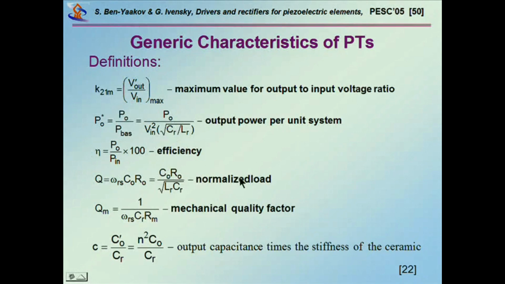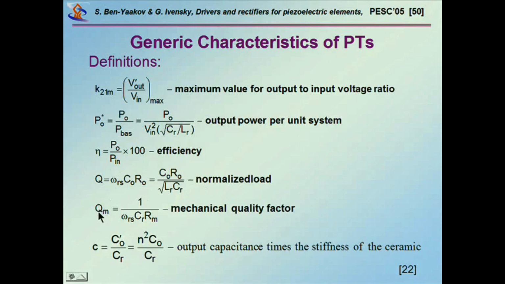And then we have a normalized load, which is basically the resonant frequency times the output capacitor. All these are parameters of the piezoelectric element and the output load. So Q is the normalized load. It represents actually the resistance of the load.